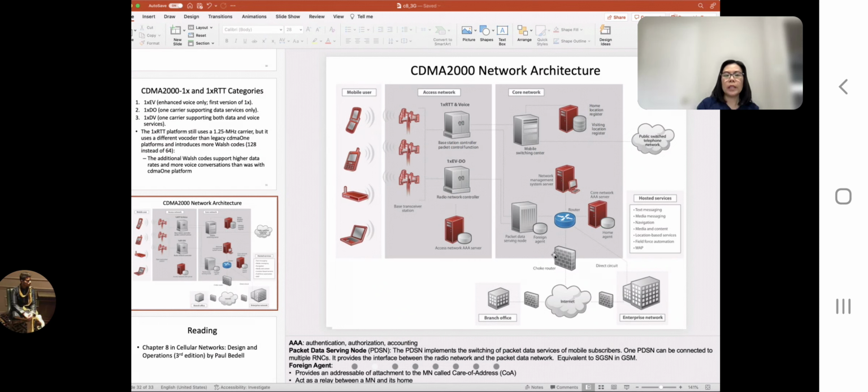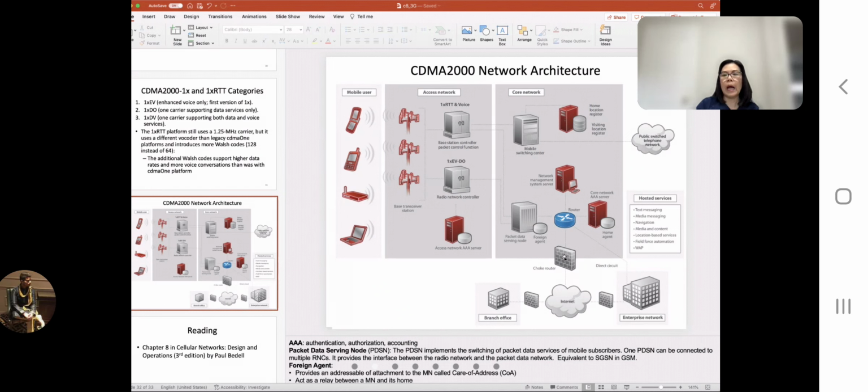And then we have something called the home agent router. This is equivalent to the gateway GPRS support node in GSM or in UMTS. This is the gateway. The gateway support node connects the packet switching domain to the internet.